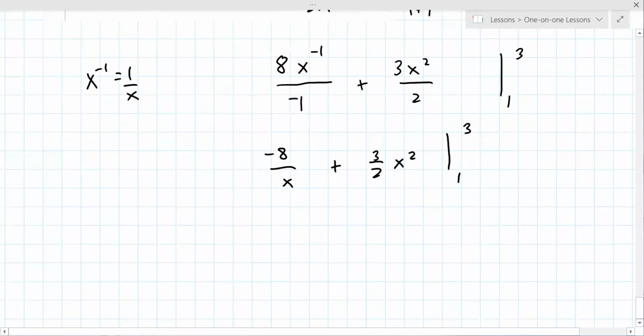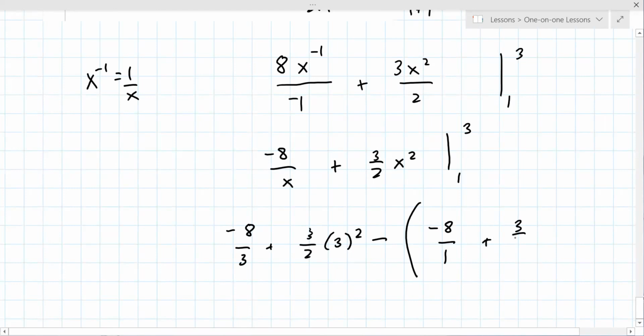All right, so now we're going to put in the upper end point. So it's minus 8 over 3 plus 3 halves 3 squared minus, and I like to put a big parenthesis here because everything's subtracted underneath. So it's minus 8 over 1, putting 1 in for x, plus 3 halves times 1 squared.